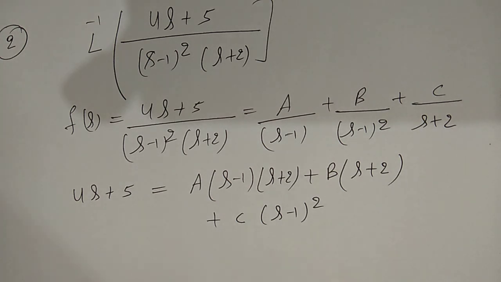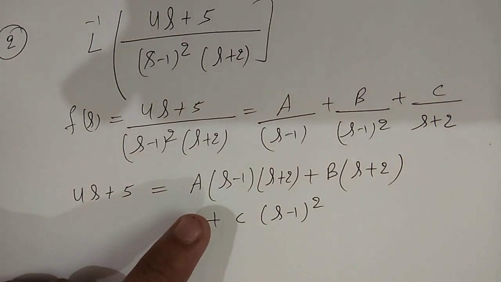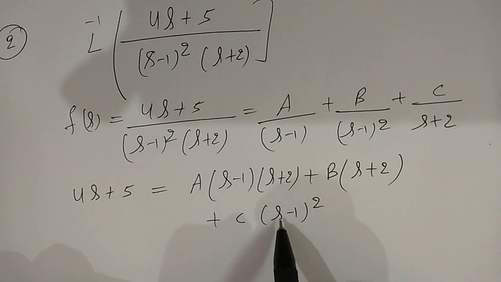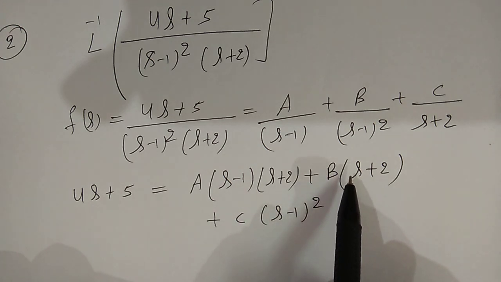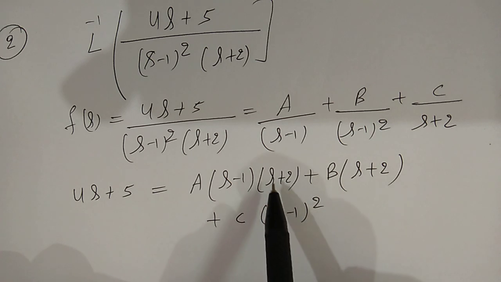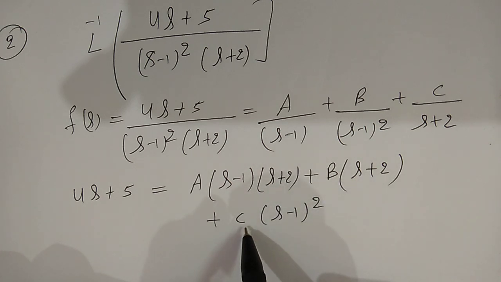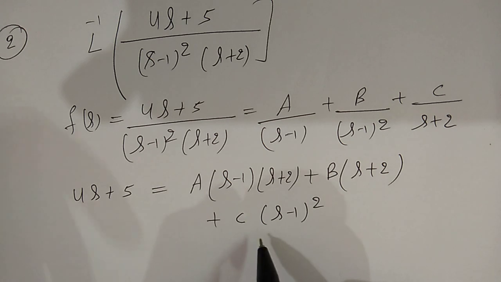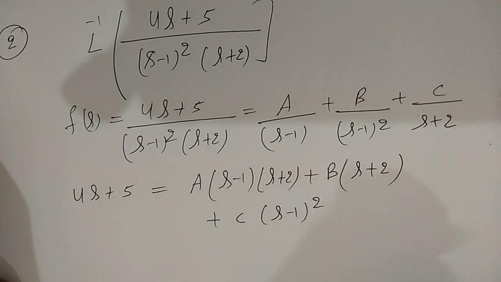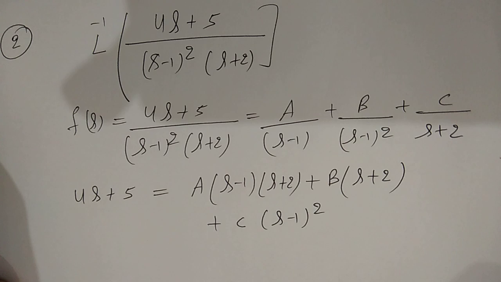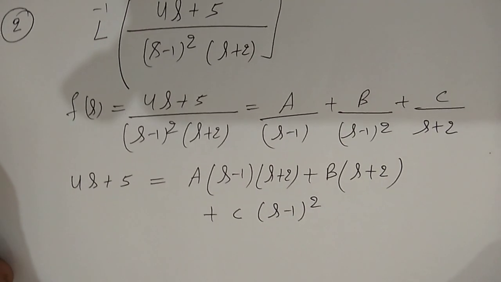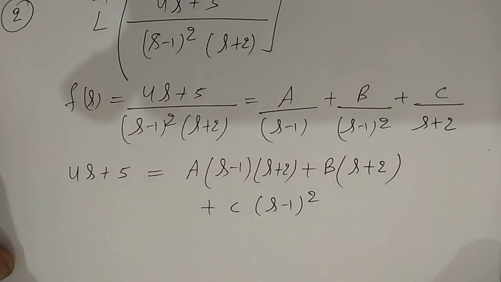If you try to use the previous technique, putting s equal to 1, A and C will eliminate and B will get the value, and if you put s equal to -2, A and B will eliminate and we get the C value. But this gives only two equations, so we get only two unknown values. So here we'll compare the coefficients of s², s, and the constant term on both sides.